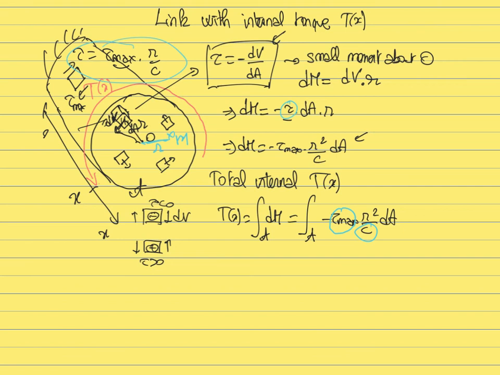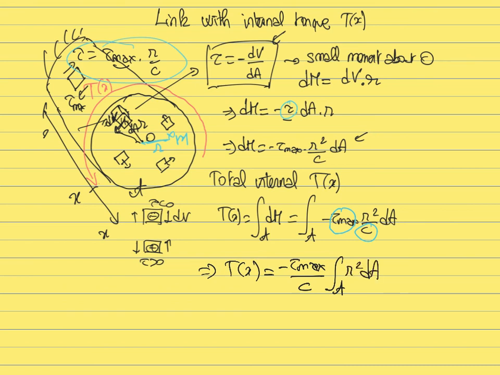So if I rewrite this, it means that the internal torque T of x is equal to minus tau max, which can be taken out of the integral, divided by c, which also can be taken out of the integral, times the integral over the surface of r squared dA.